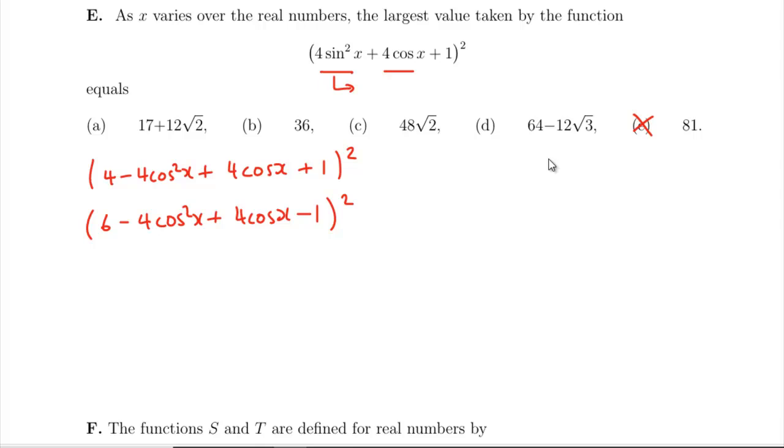So we're going to want that to be 0. So let's make that a big bracket. So 6 minus, and then we can say 4 cos squared x minus 4 cos x, and then plus 1, and then that's squared.